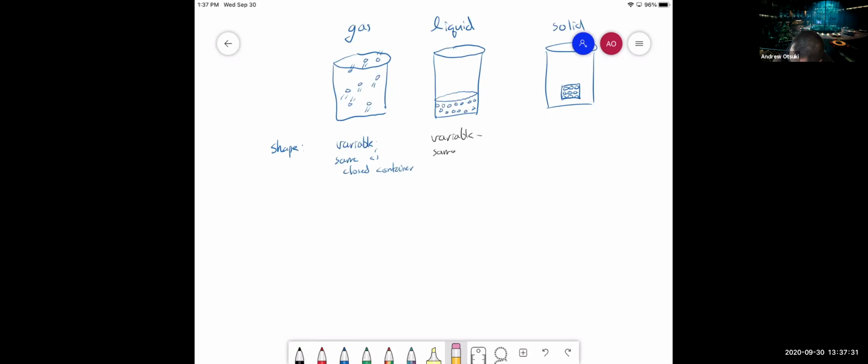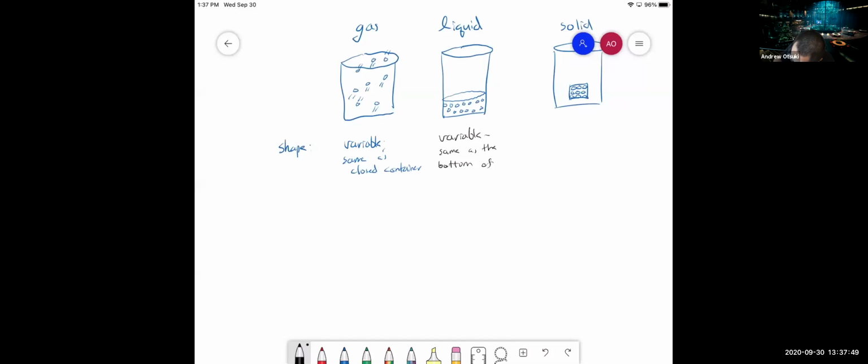Darn, I can't seem to write well. Same as the bottom of container.